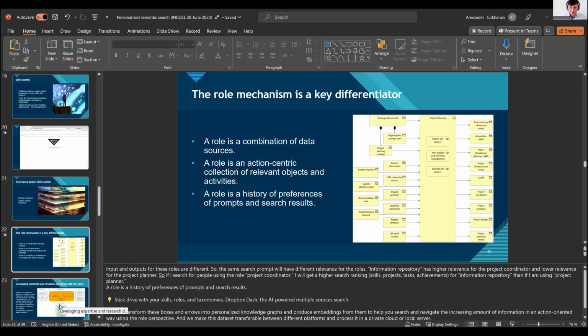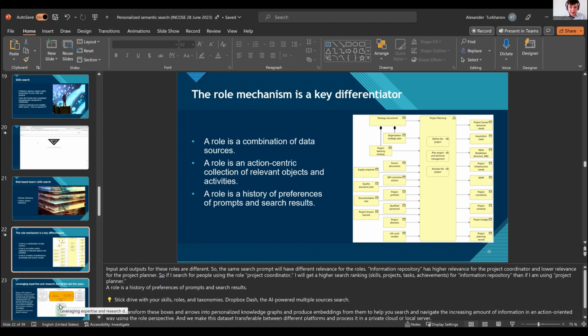A role is also an action-centric collection of relevant objects. So you open this digital process model, and you will see project planning practice, and processes: define the project, plan project and technical management, all this stuff. And it has some objects on the input, some objects on the output. These are relevant objects if I'm looking for things as a project planner.